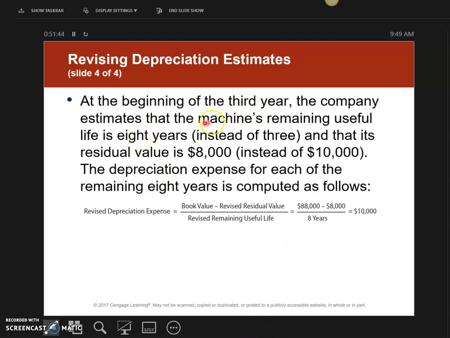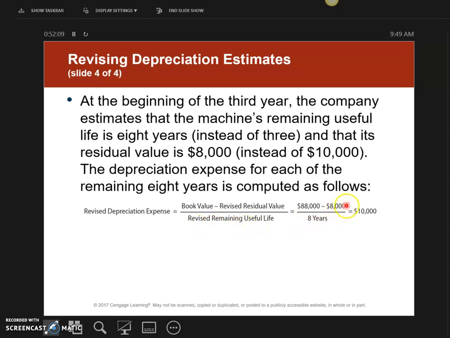So at the beginning of the third year, we determined that the useful life is 8 years and the residual is 8,000. So here is the formula to revise depreciation. You take the book value at the time of the revision, which is 88,000, minus the new revised residual value, divided by the new revised remaining useful life.